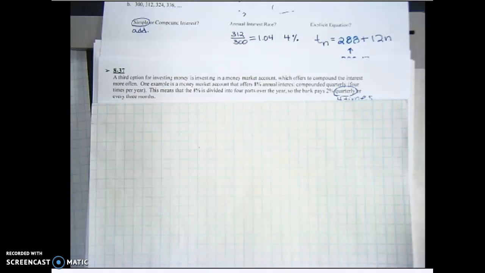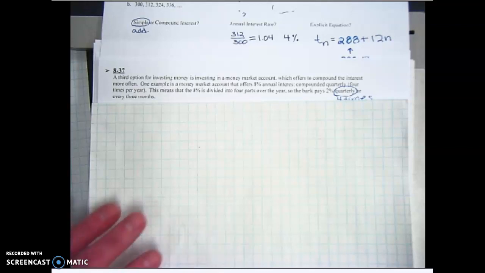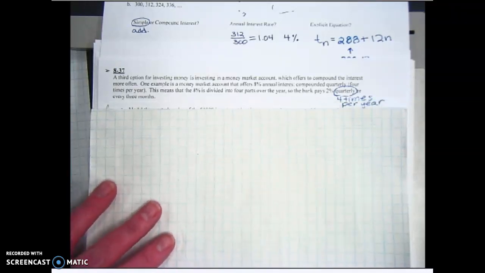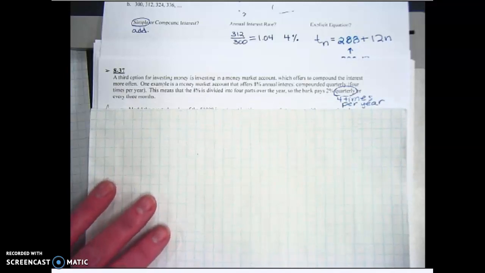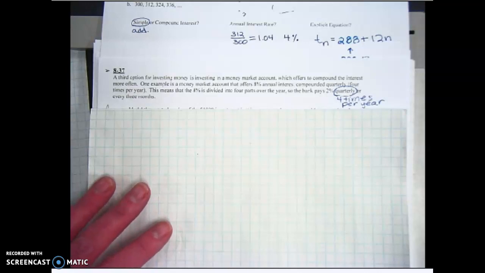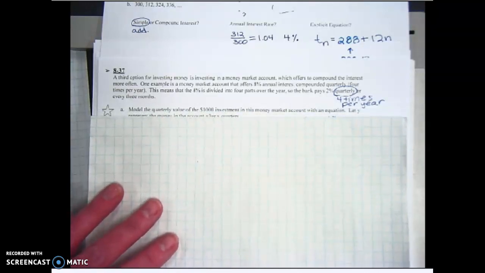This means that the 8% is divided into 4 parts over the year. So the bank pays 2% quarterly or every 3 months. So circle the word quarterly and write 4 times per year. That's what the word quarterly means.